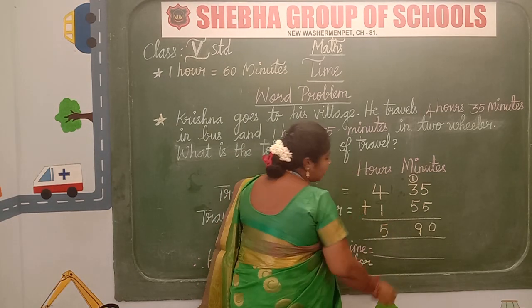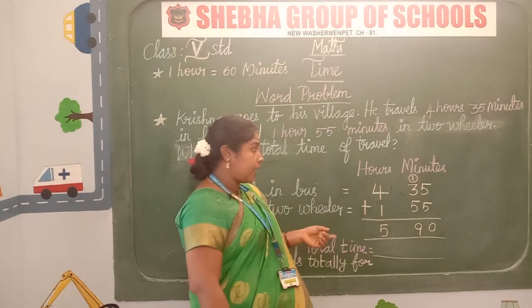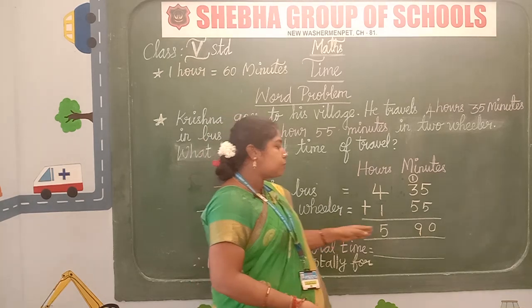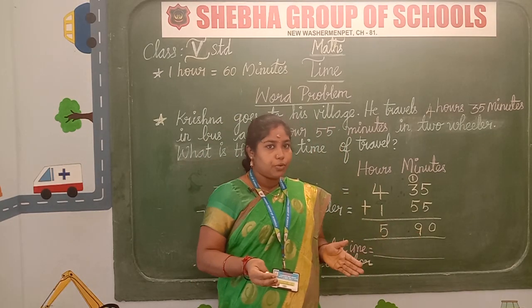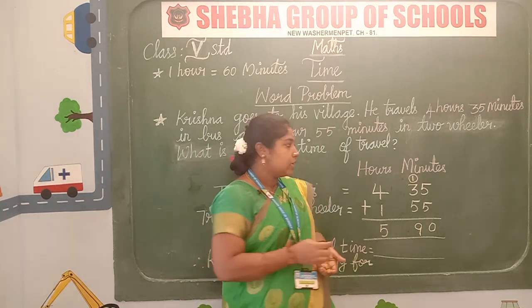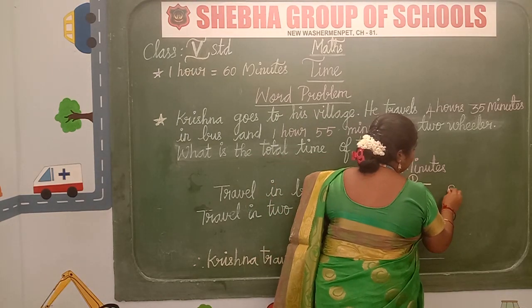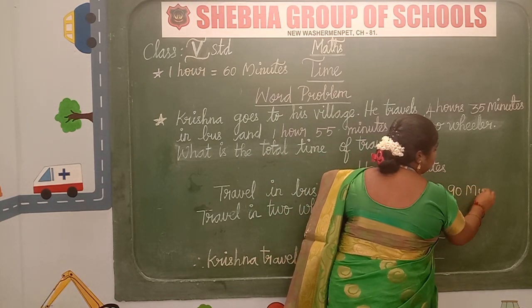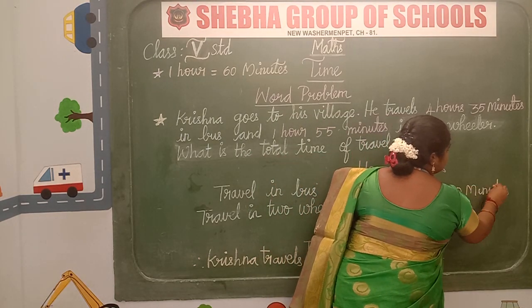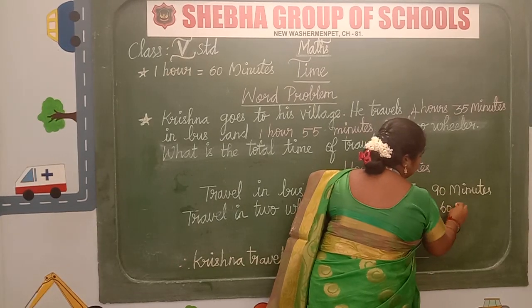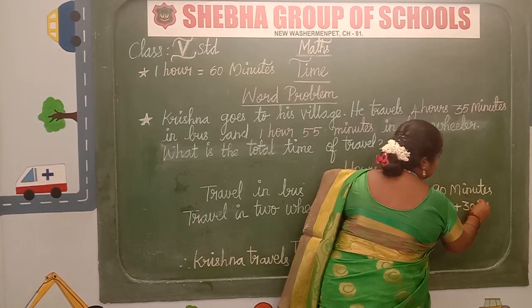So children, I already told you in addition sum we have to split this 90 minutes into hours and minutes. So split it out. So 90 minutes becomes 60 plus 30 minutes.